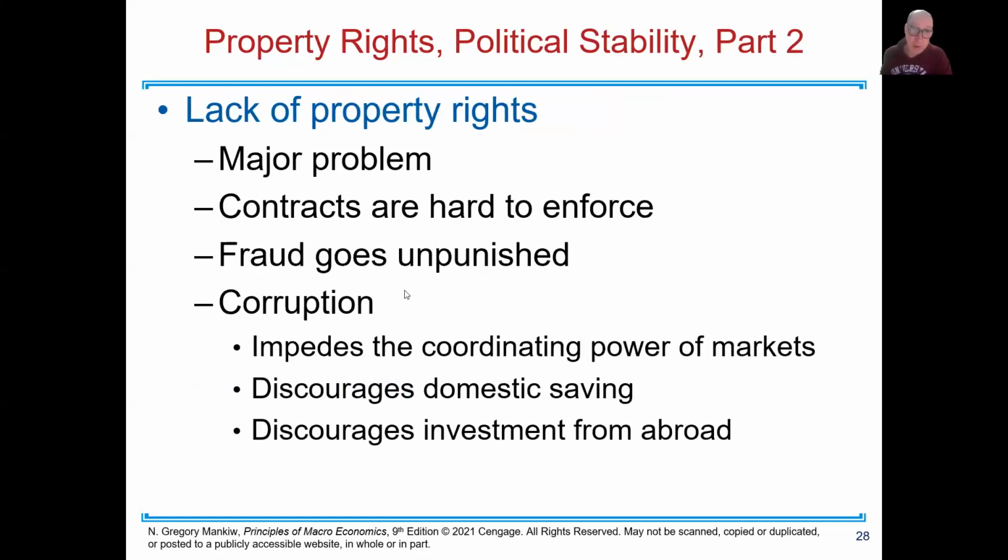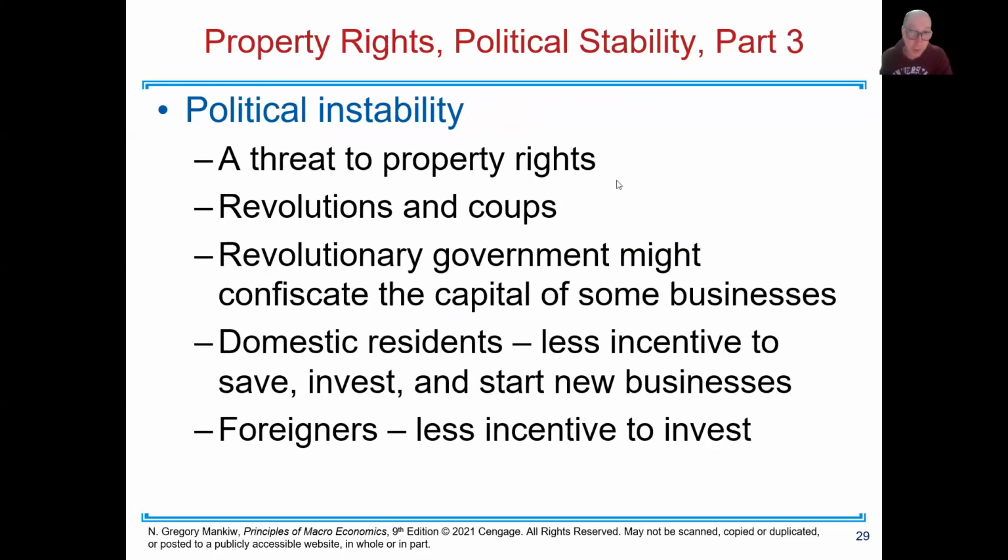Without property rights, there are things like corruption, fraud, and other issues that happen in those countries. And one of the biggest things is political instability. When there's political instability, oftentimes it leads to a revolution, and within that revolution, there's a change of hand in the way that the government is run.